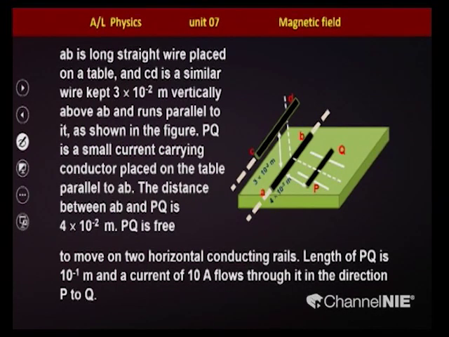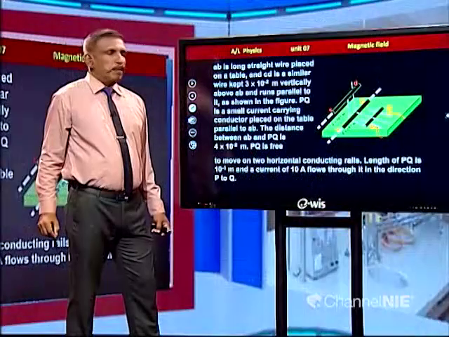The distance between AB and PQ is 4 into 10 to the power minus 2 meter. PQ is free to move on 2 horizontal conducting rails. So, these are the 2 conducting rails, and PQ is moving on these rails.